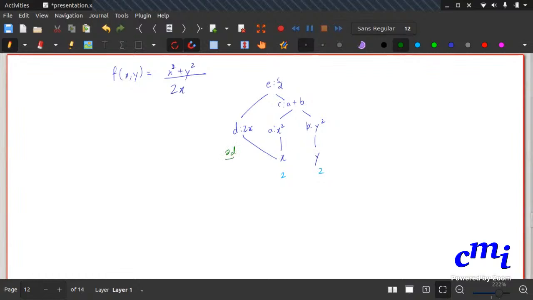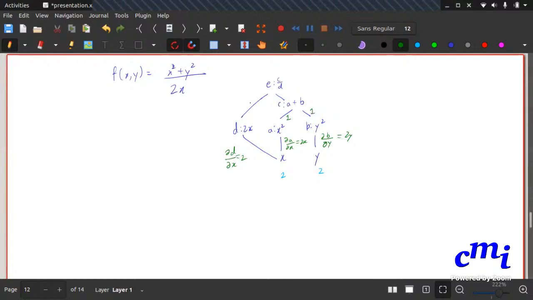So we have delta d, delta x, and delta a, so delta d, delta x is 2, delta a, delta x is 2x, delta b, delta y is 2y. This guy is similarly going to be just 1, 1.